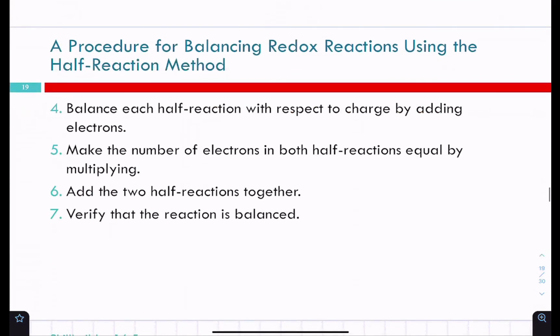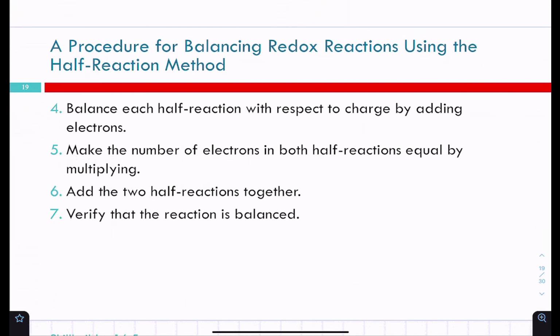Then you balance each half reaction with respect to charge by adding electrons to the side that needs to become more negative, because we can't make anything more positive. Then you make the number of electrons in both half reactions equal by multiplying. Sometimes you'll end up with 2 electrons in one and 3 in the other, and you have to multiply by 3 and 2 to get those to both be 6.